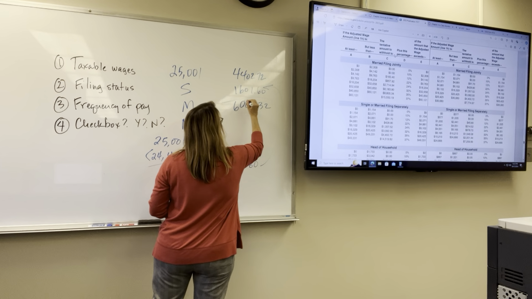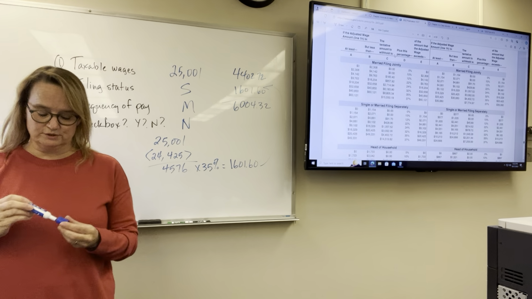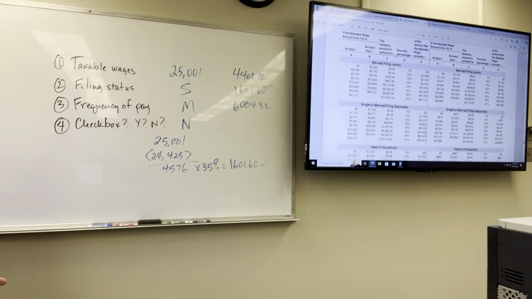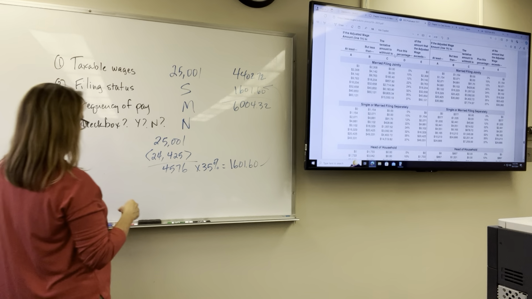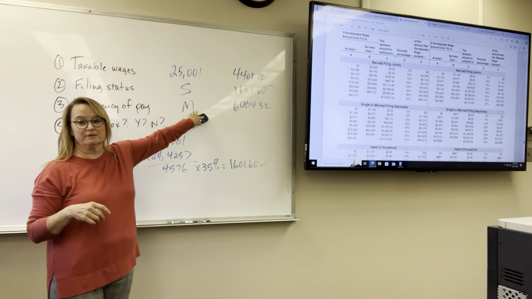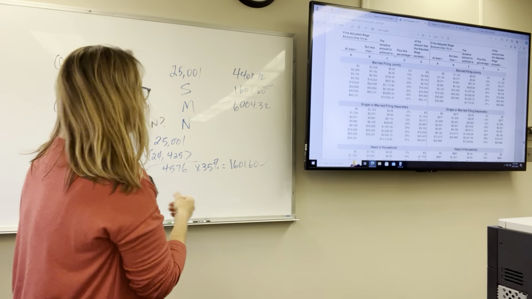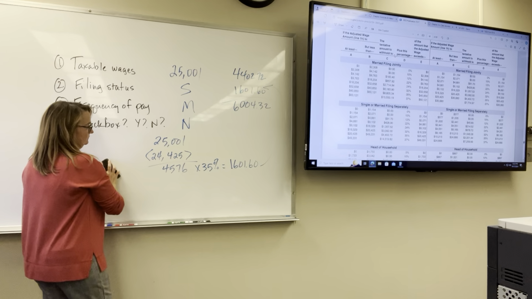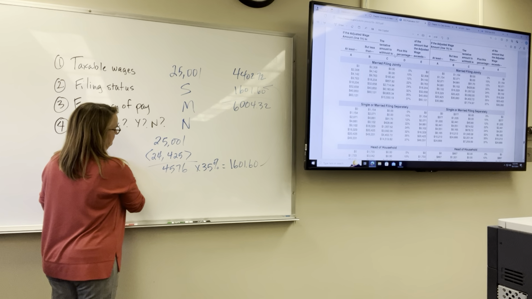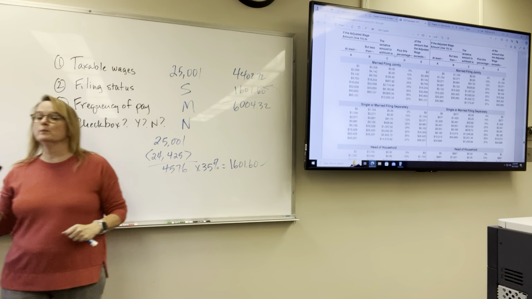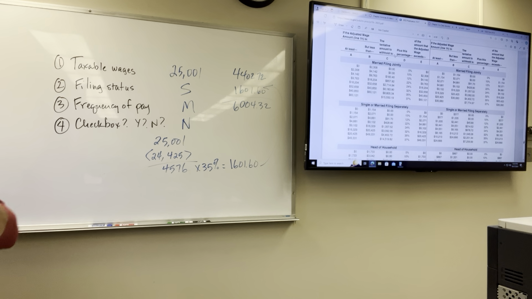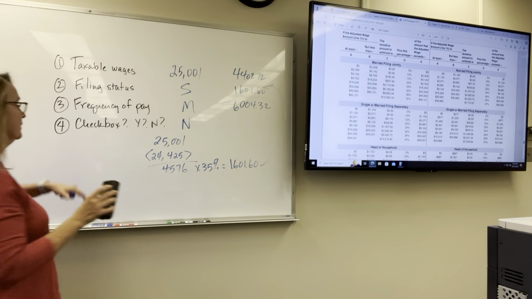That's the withholding, $6,004.32 for federal income taxes. Okay? That's on a monthly basis, yeah. So they've got like 72,000 withheld in federal income taxes. That's what they're paying.